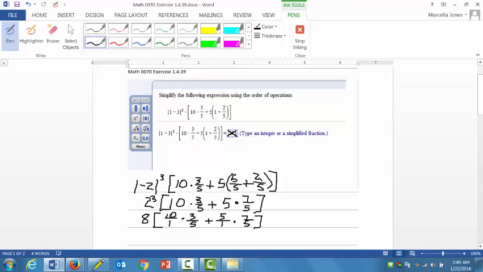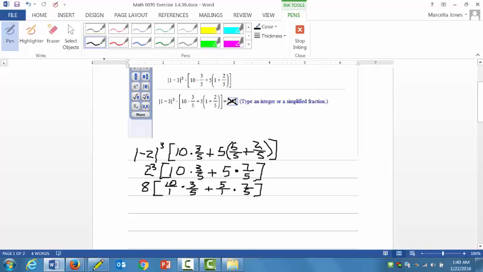Now whenever you're multiplying fractions, if there's a division, remember fractions actually mean division, so I can actually divide this 5 in the denominator into this 10 in the numerator. And the result is 2.